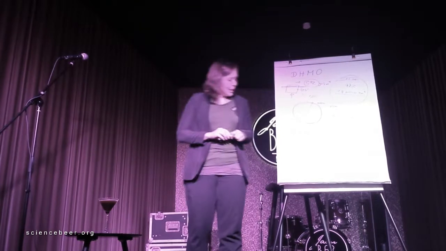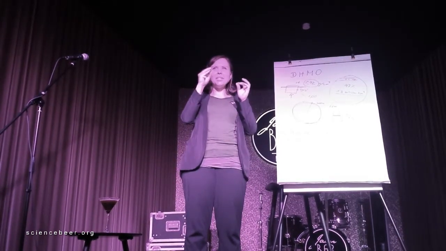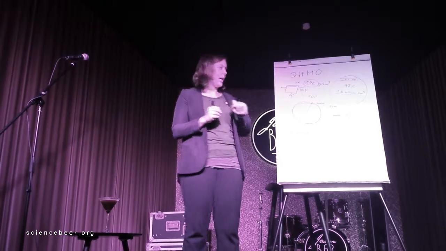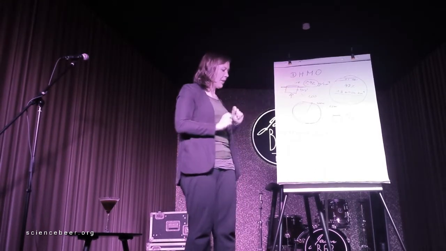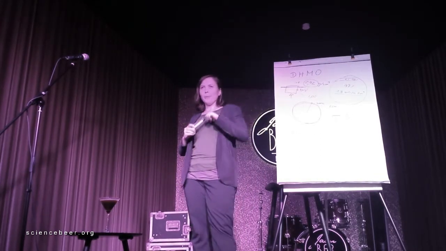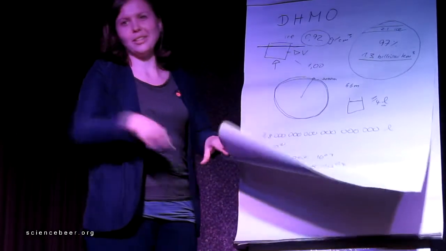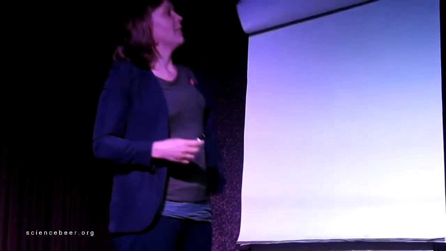I like this number. Now we already have some imagination of the size of a water molecule and how many water molecules there are. So I will tell you a little bit about homeopathy. I just also want to do some math with it. I'm just not going to tell you what to do about it.